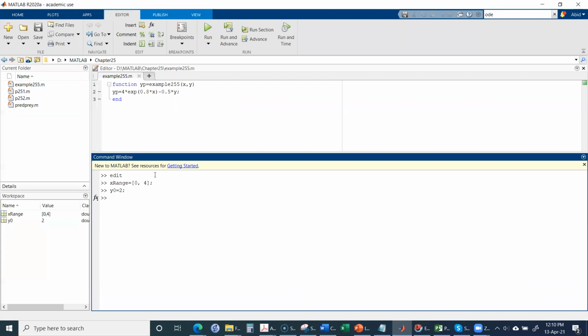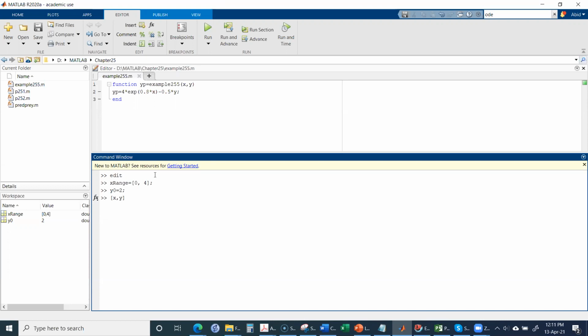After that, now we will apply the built-in ordinary differential equation function in MATLAB to obtain the results. The results will be in the form of independent and dependent variable values. The independent variable we represent by x, the dependent variable we represent by y.